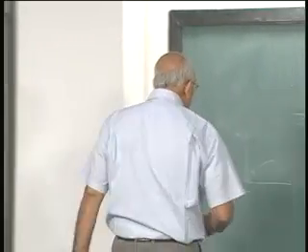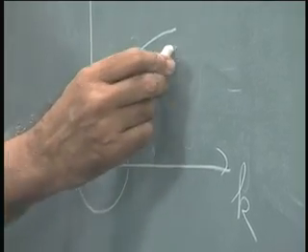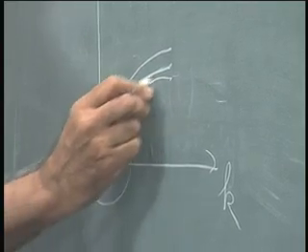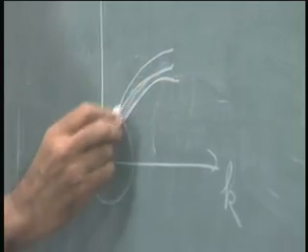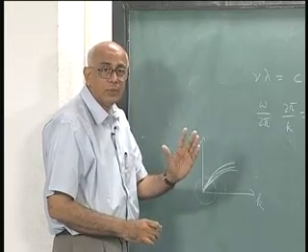Then you have a tetragonal crystal, where the three principal axes are still perpendicular to each other, but two of them have the same length, A, and this one is something else, C say. Then this sound propagation in the three directions splits up, and you have two branches, one of which is doubly degenerate and the other splits off in this fashion. The slopes are different, so the speed of sound is different in the two directions.